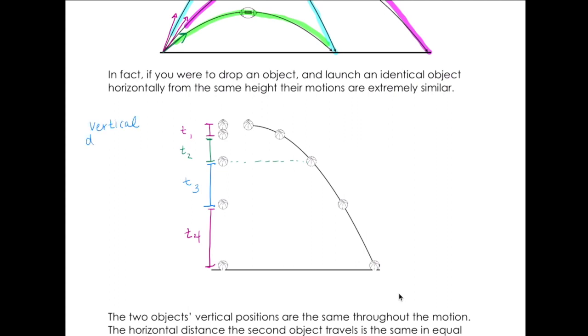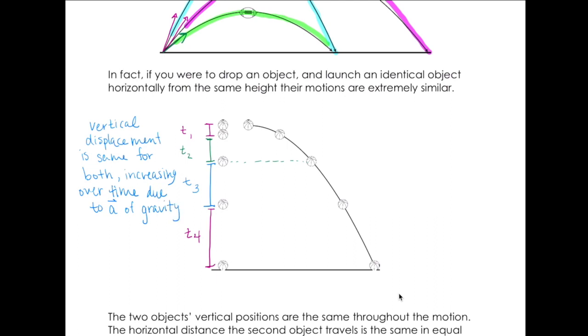The vertical displacement is the same for both, and it's increasing over time due to the acceleration of gravity.